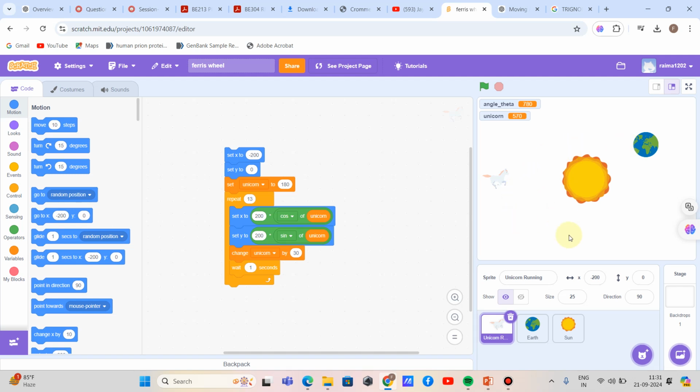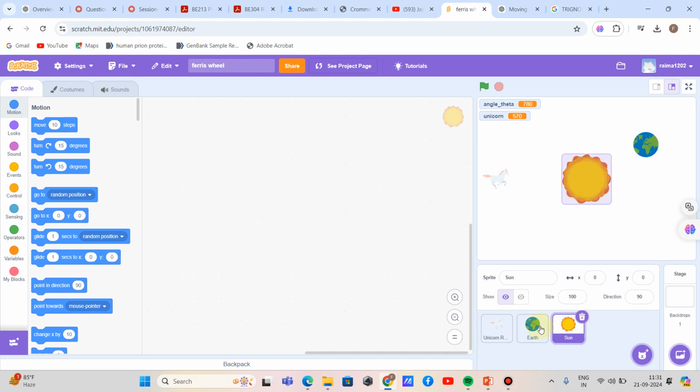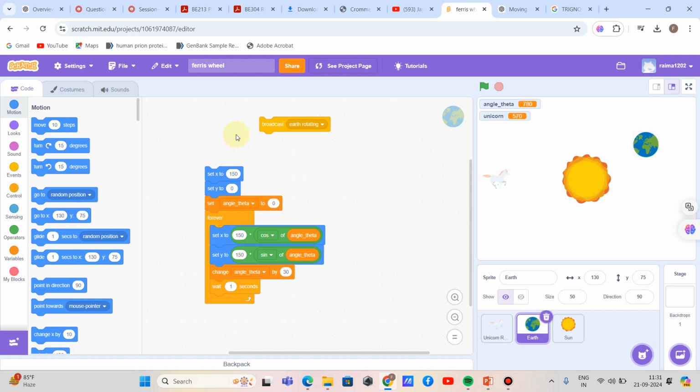So let us see the animation first. This is the code for Earth's circular motion. Let us first see the animation. See, it completed one revolution.